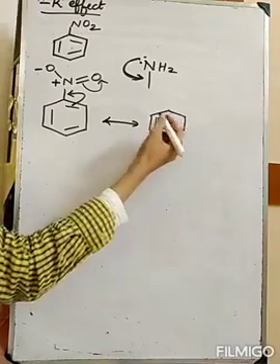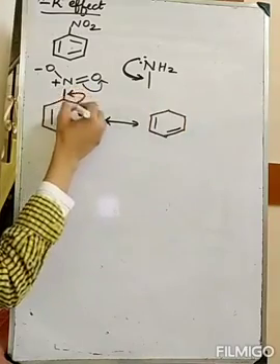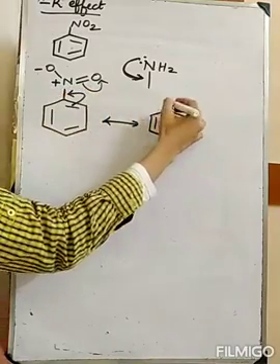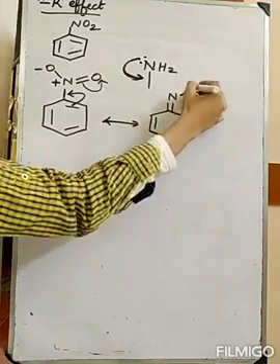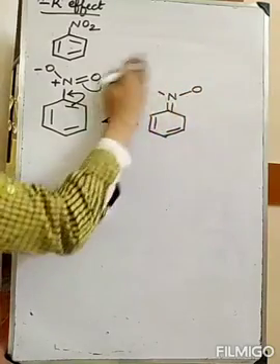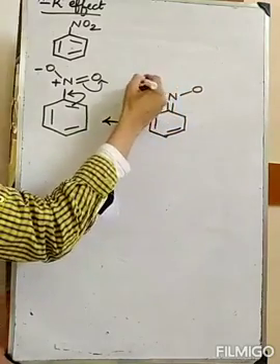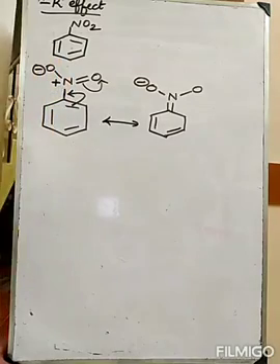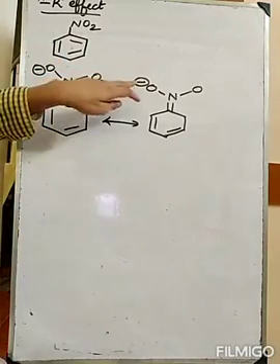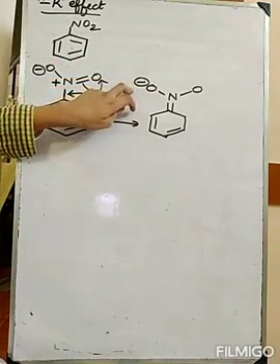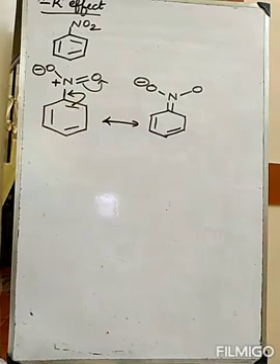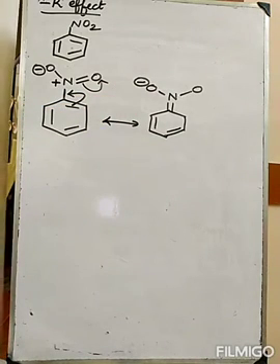So here one bond, already one bond is there. This bond is going, so it will become double bond N=O. This oxygen already is having minus charge.